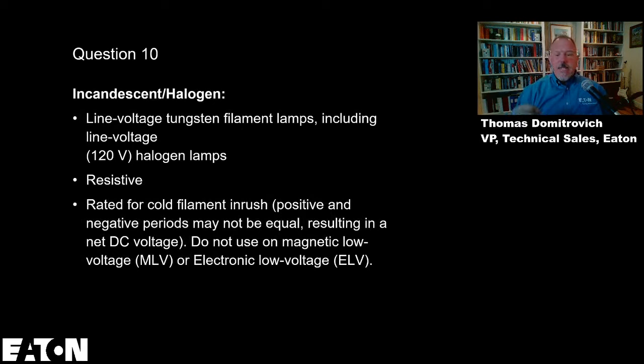So incandescent and halogen, line voltage tungsten filament lamps, again, they're a resistive load and rated for cold filament inrush. Don't use on magnetic low voltage, MLV, or electronic low voltage, ELV.